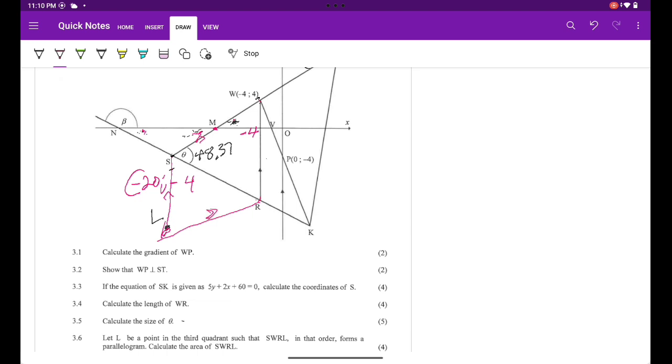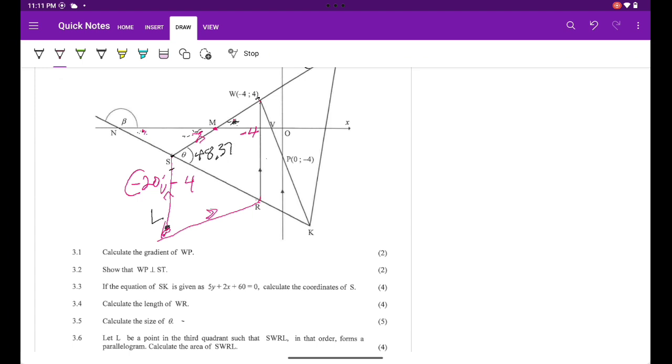So this thing forms a parallelogram. So this is our L. Now we want the area of the parallelogram. So in this parallelogram, we are going to need two things. Already we have the angle, which is 48.37.